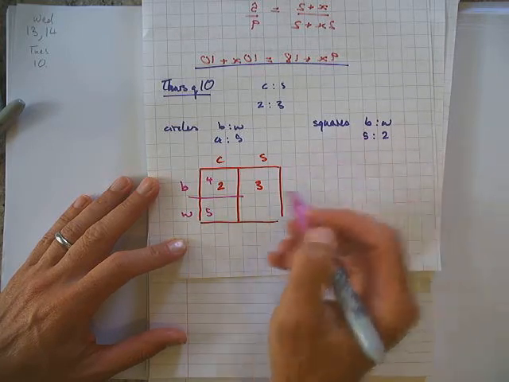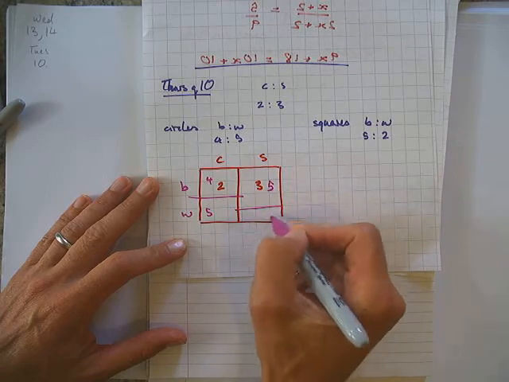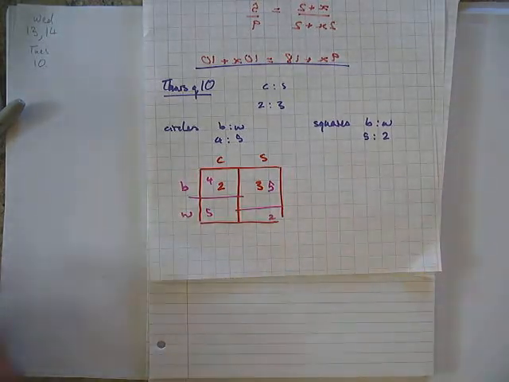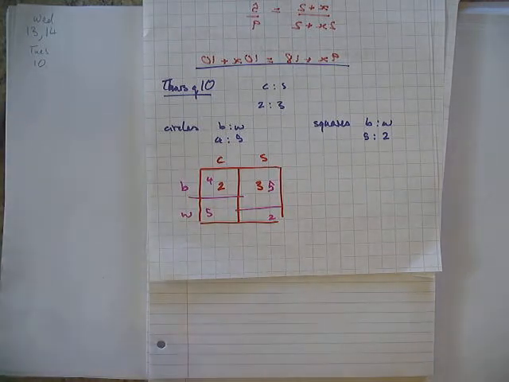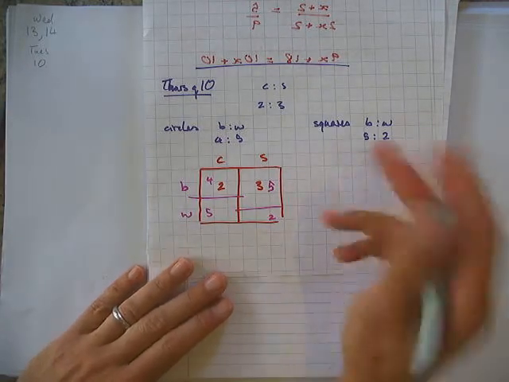In the squares, it's 5 bits to 2 bits. Right, I've got my head round what's happening. So how might I attack that as a question? I think I'm going to do it all as fractions.